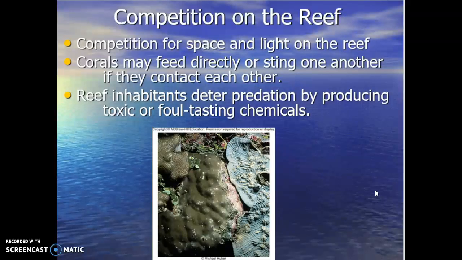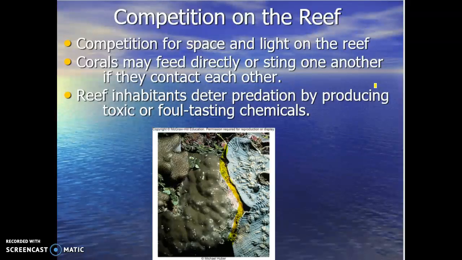So corals often fight each other for that space and for that light. You know, they will send out those mesenterial filaments and sting each other to death in an attempt to kill each other so they get more space. So this yellow line I just drew down here, this is showing us two different species of coral that are fighting for space. Once you get the space, you tend then to be able to have more light access. So there's a lot of competition.